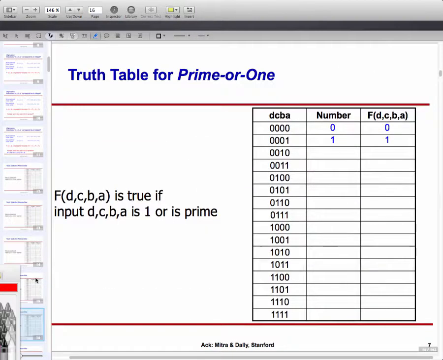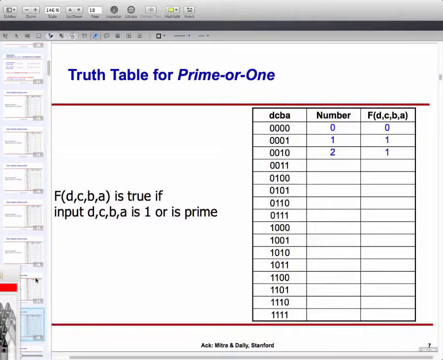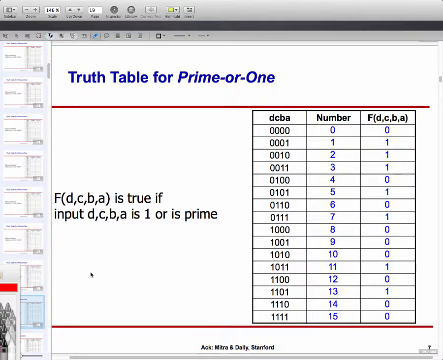Output should be 1 because that's what the problem states. Next row is number 2. Output should be 1 because it's a prime number. Then so on and so forth. So you would see that we have 1, 2, 3, 5, 7, 11, and 13. That's where the output is 1. Otherwise, output is 0. Okay.